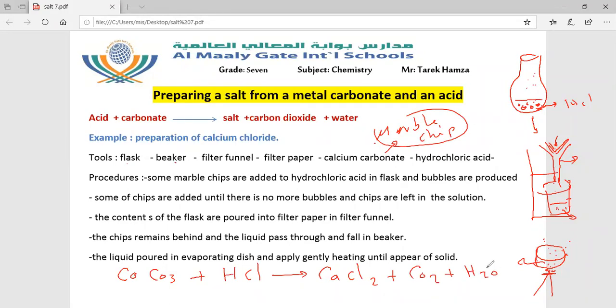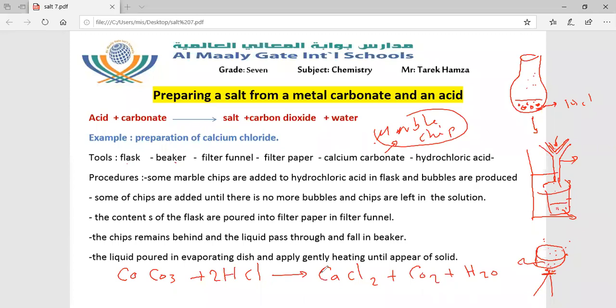For balancing the equation, put a 2 here. Okay, so there is carbon and oxygen, 2 and 2, very good.